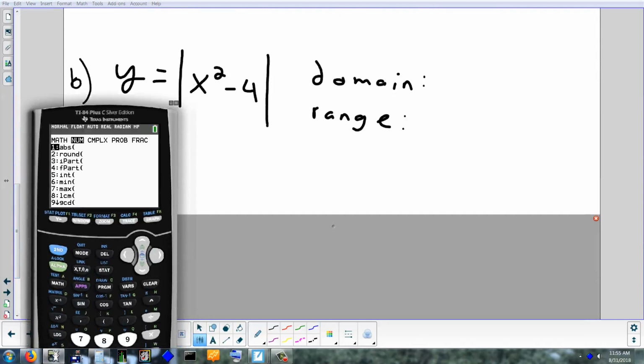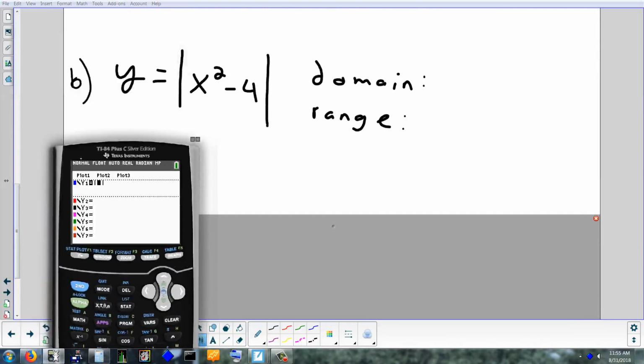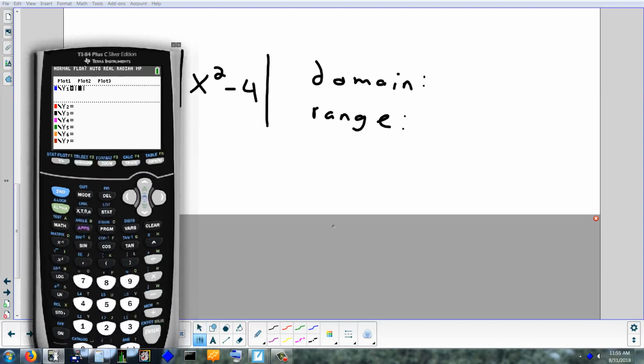Go to number, and the first option right there is ABS, absolute value. So math, number, and then ABS. And now we just type in exactly what you see inside the absolute value: x squared minus 4.